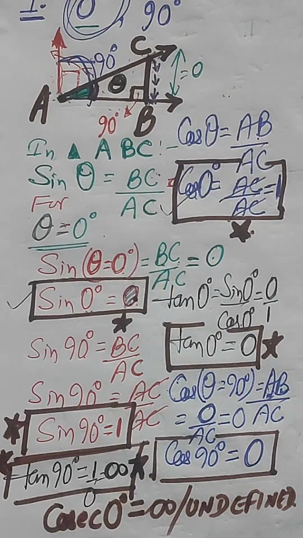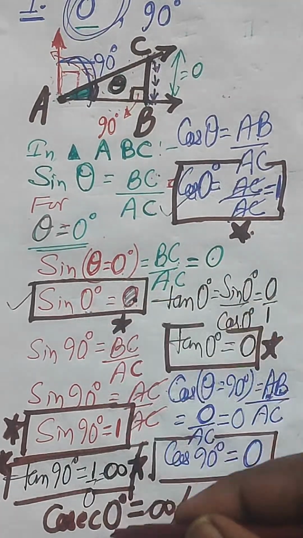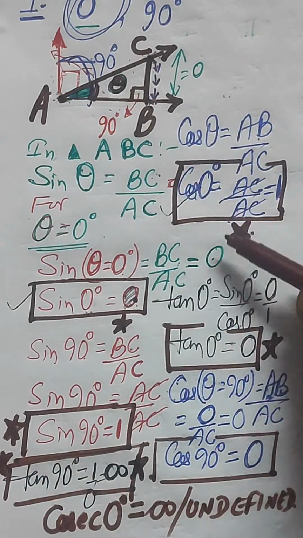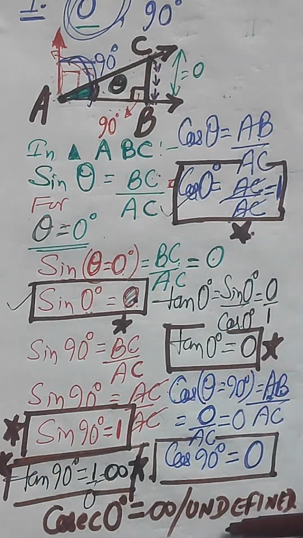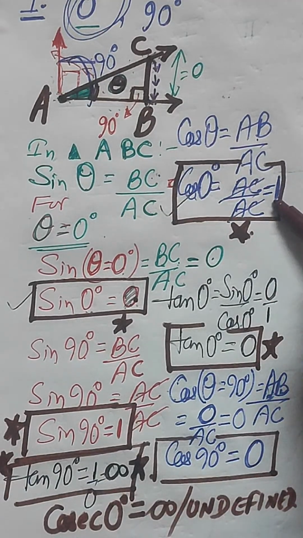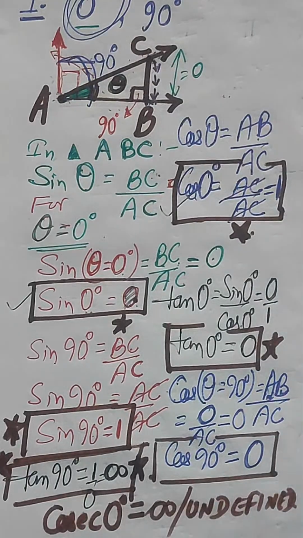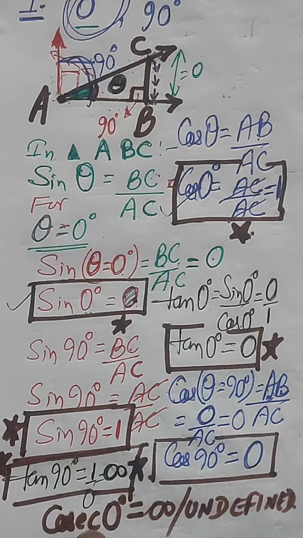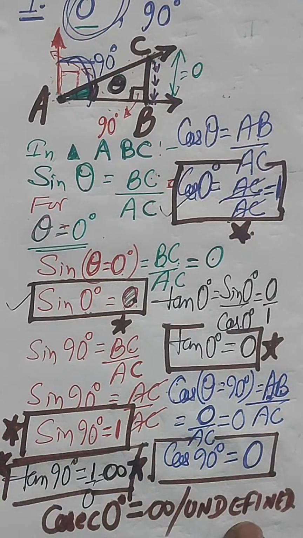Because the reverse of sine is cosec. Similarly, cos 0 is 1, but the reverse of cos, that is sec, will not be undefined because something divided by 1, 0 should not come into the denominator. Mind it, 0 should not come into the denominator, which happens for cosec 0. So that's why cosec 0 will be undefined.